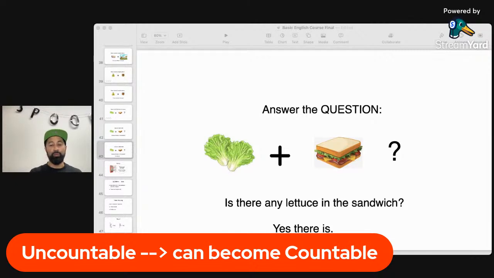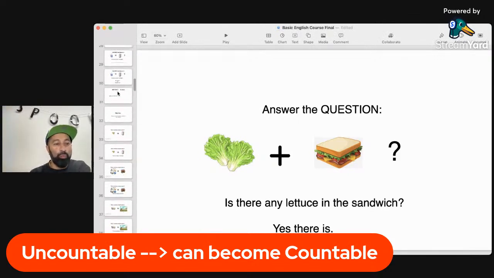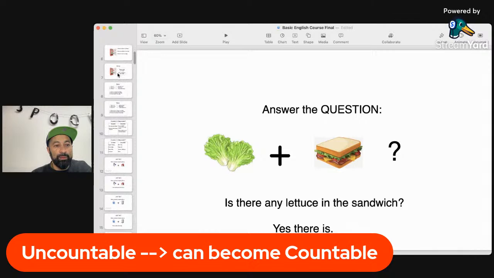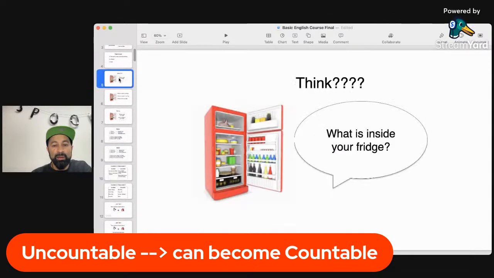All right, so what I want you to do now, I'm going to give everybody some homework, okay? And this will really help you. What I want everybody to do is think, what is inside your fridge? Okay, think about your fridge. What's inside?